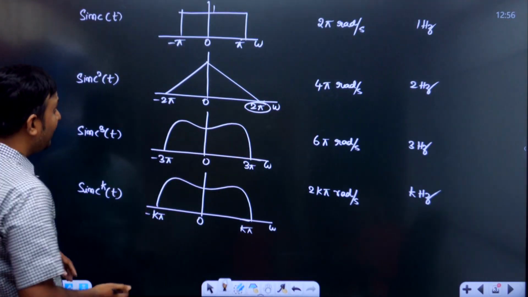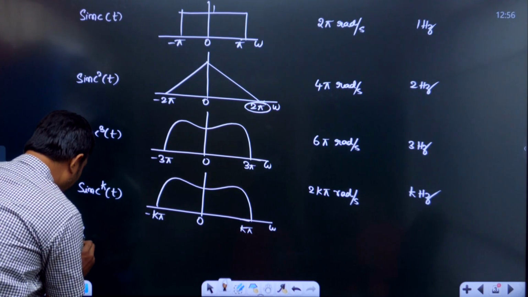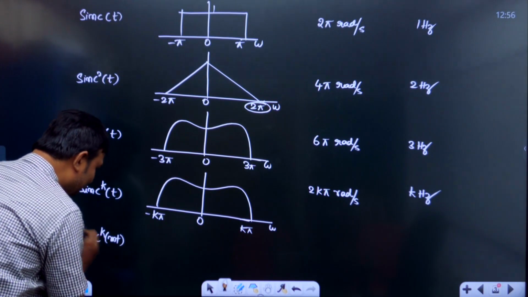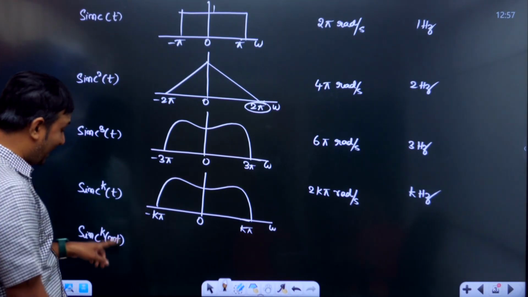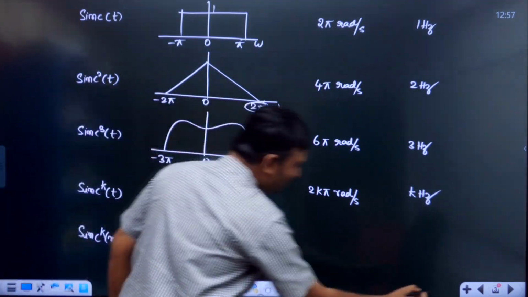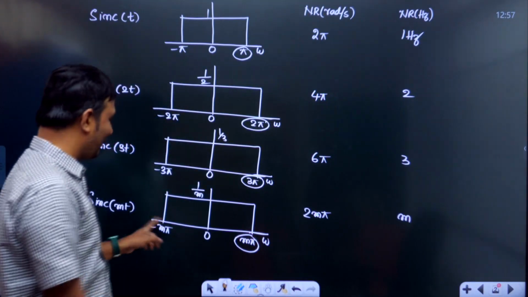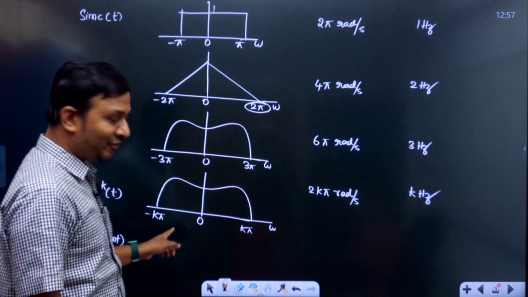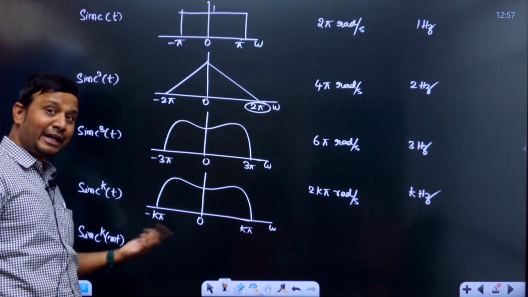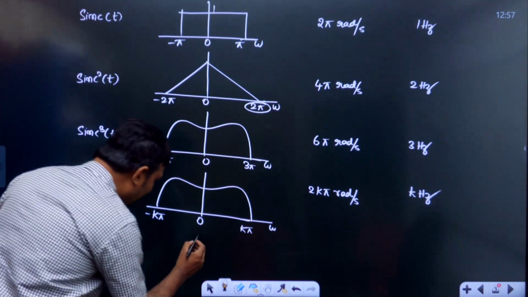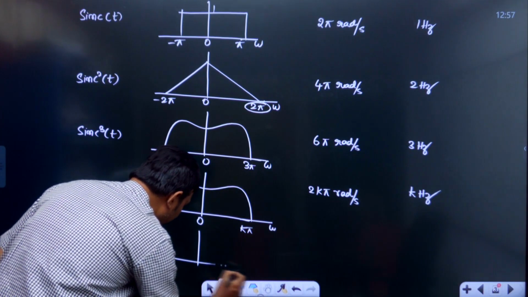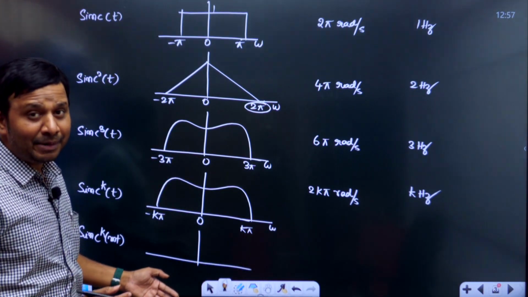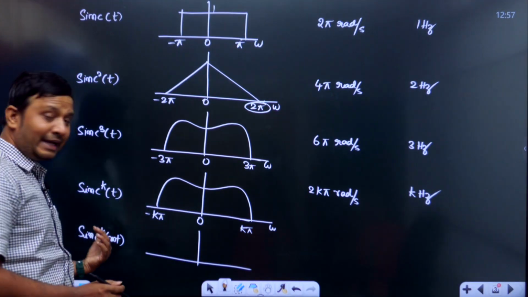Right? Suppose I ask you for sinc power k of mt. See, sinc of mt we have seen, sinc power k of t we have seen. Now I want sinc power k of mt. Simply look at its Fourier transform. Sinc mt is multiplied how many times? K times.